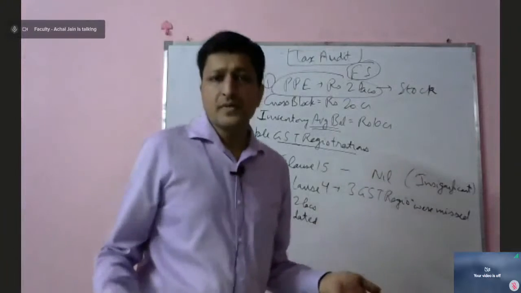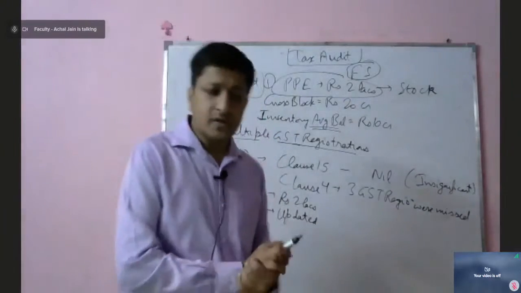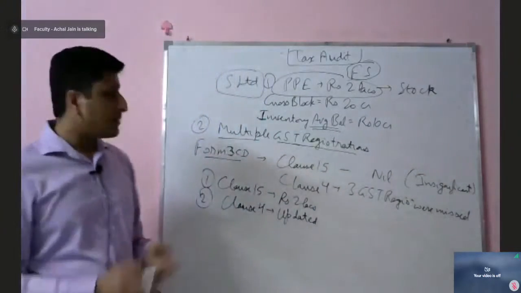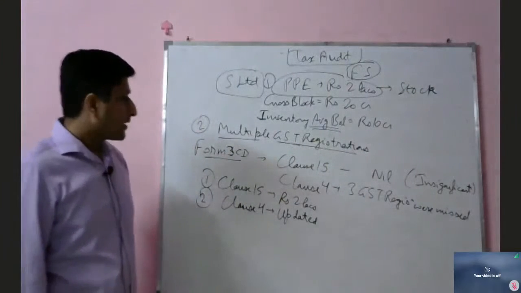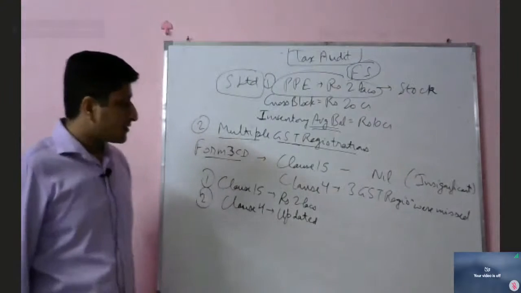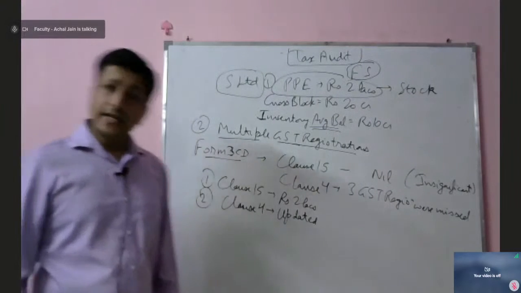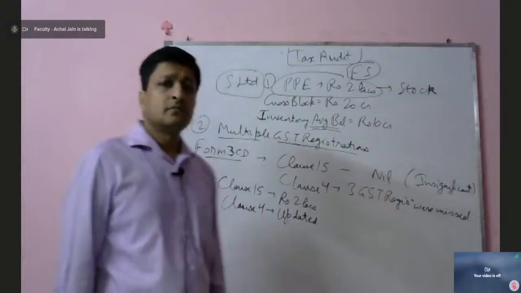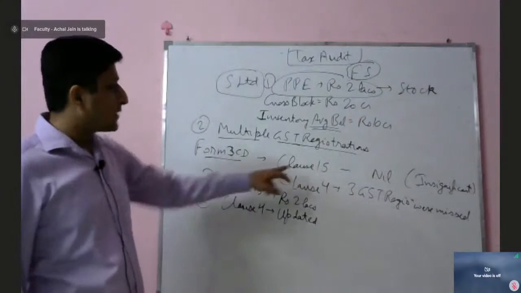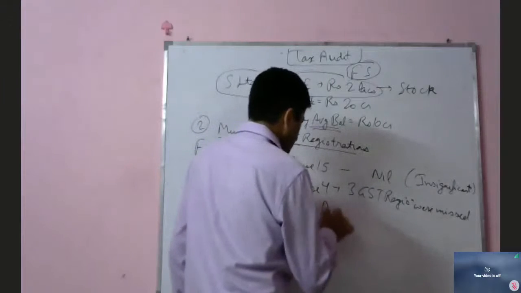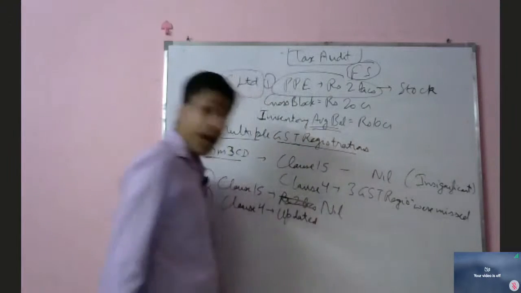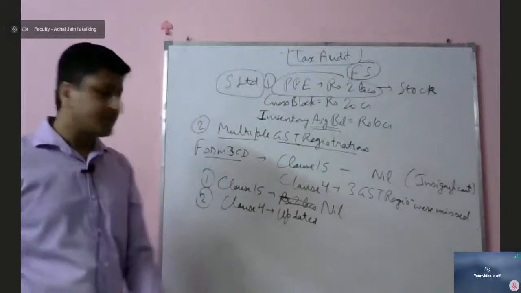So maybe management missed out while putting down all of this information in the Form 3CD, but later on they put that in. Now in this case, the auditor is done with the audit, and the final stand taken by the management is that clause 15 will go out as nil. This is the final conclusion, and clause 4 stands updated.